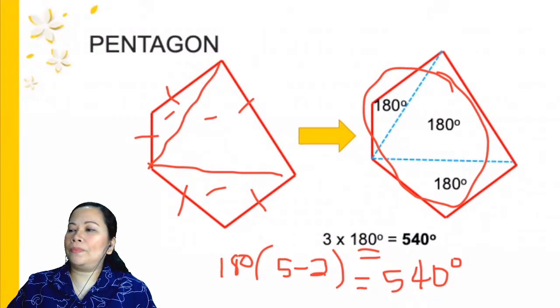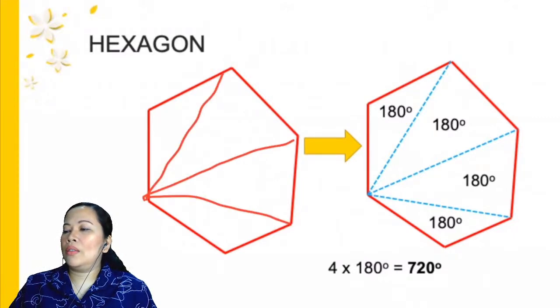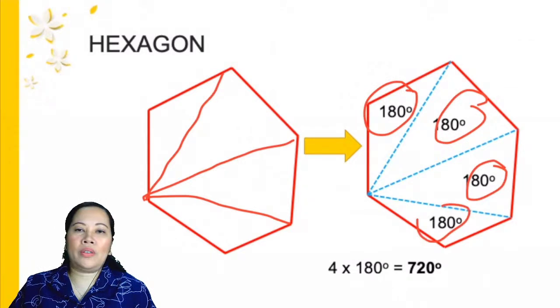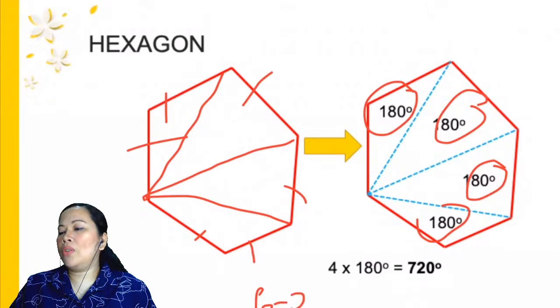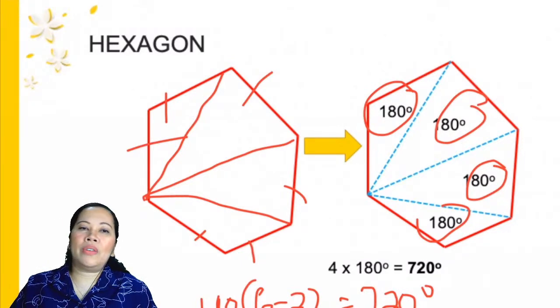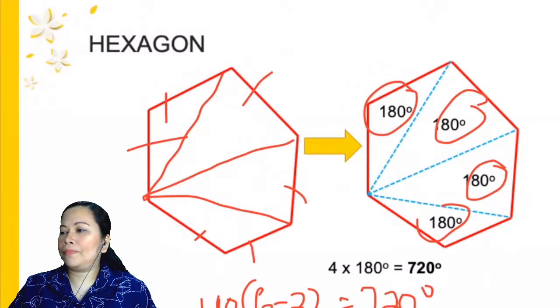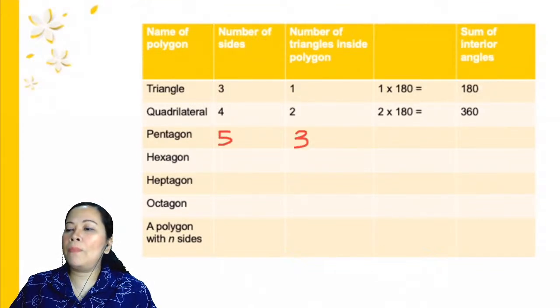All right. Let's proceed to the next one. So hexagon. How many sides are there in a hexagon? 6. So 6 minus 2 is 4, times 180 will be the sum of all the interior angles. So you have 720. Okay, so it's easy, right? So if you have a pentagon, it's 5. The number of triangles will be 5 minus 2, which is 3.